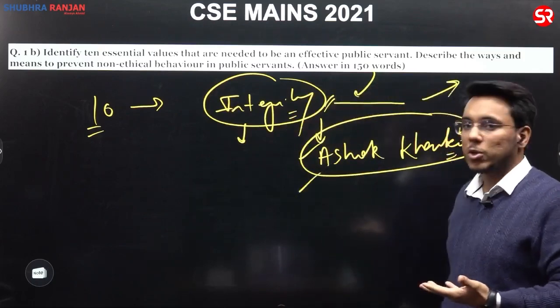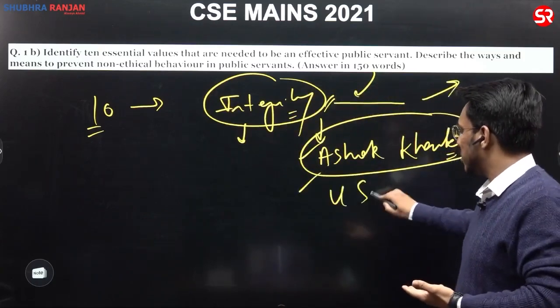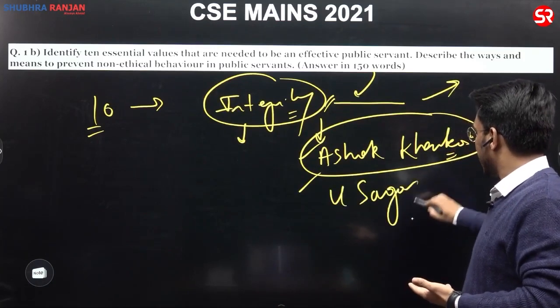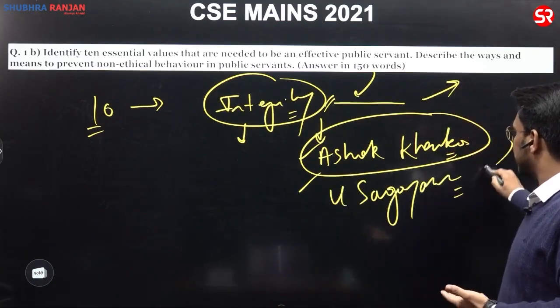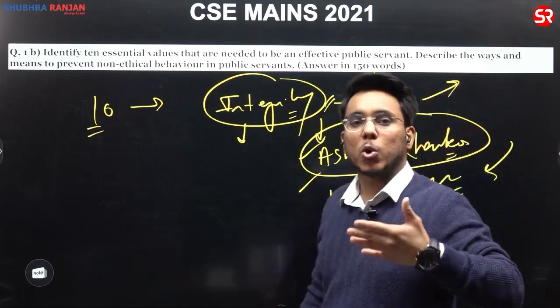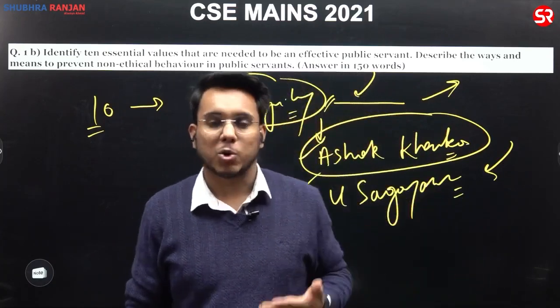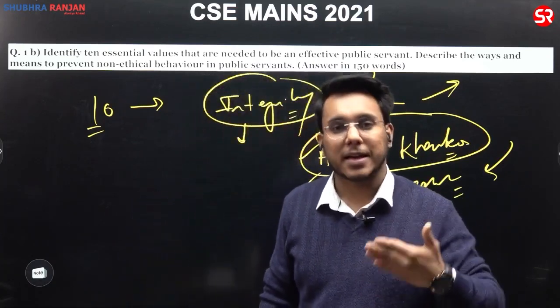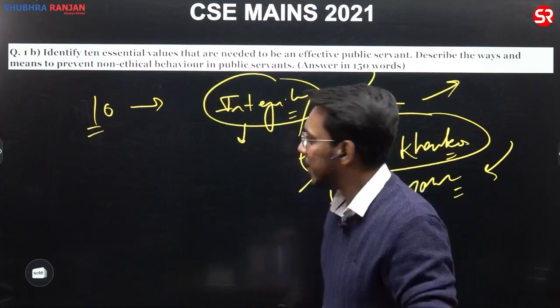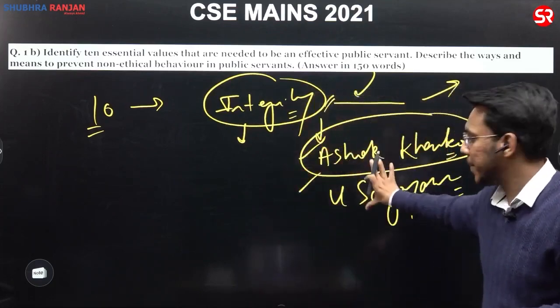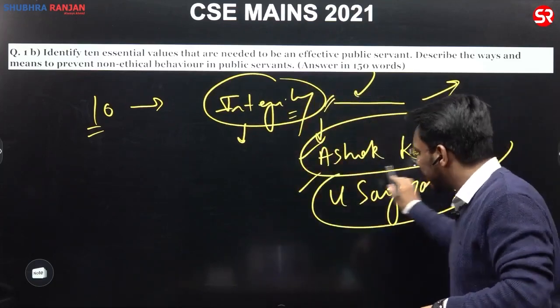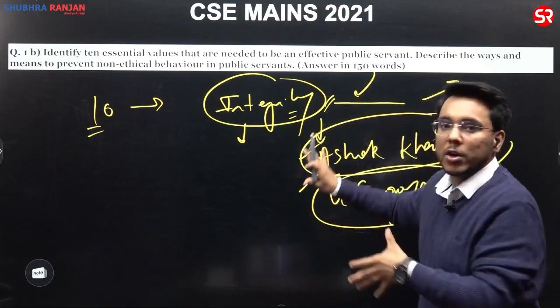Then, with respect to integrity, you can give the example of U Sagayam, who exposed the multi-crore rupees granite scam in Tamil Nadu, and for that he was intimidated. Now see, both of these people, Ashok Khemka and U Sagayam, were intimidated for the performance of their duty.